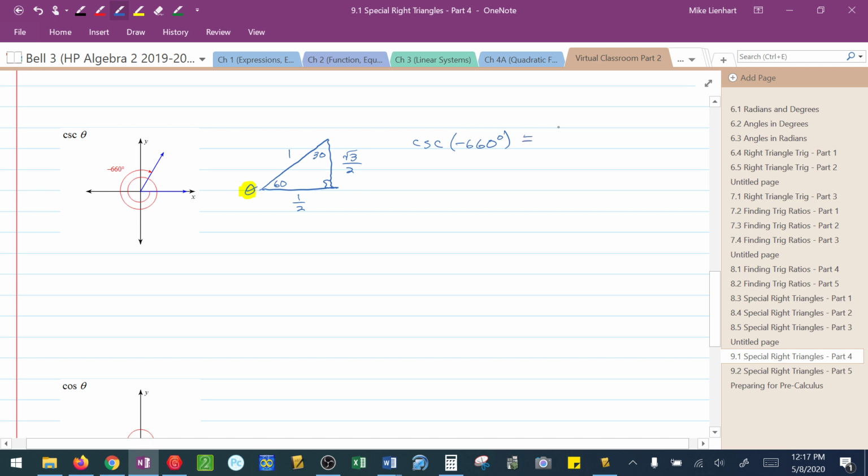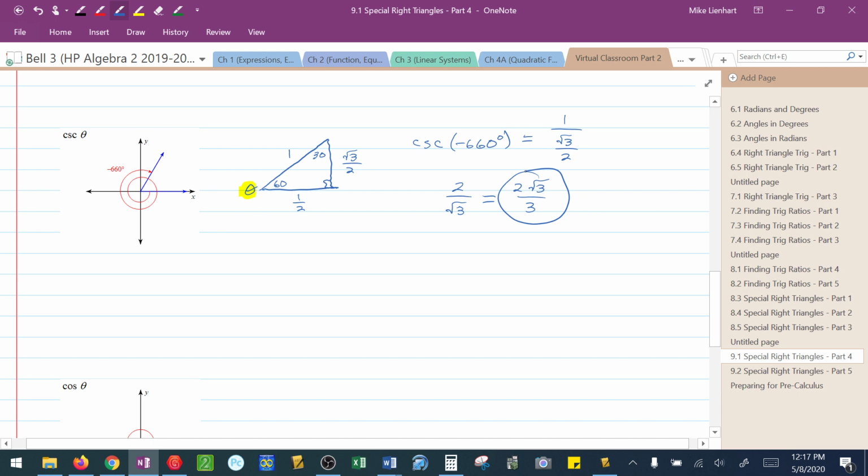But I have to do hypotenuse over opposite. Now, from here, I'm going to have to simplify and rationalize if necessary. If I simplify this, I get 2 over the square root of 3. Now I'm going to rationalize this to 2 square root of 3 over 3, and this is the final exact answer.